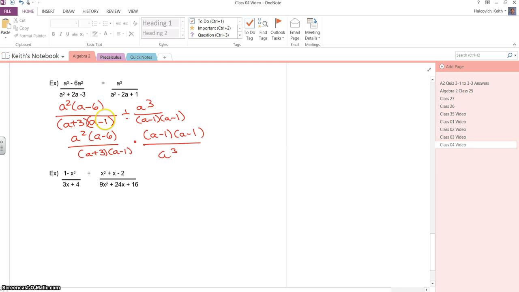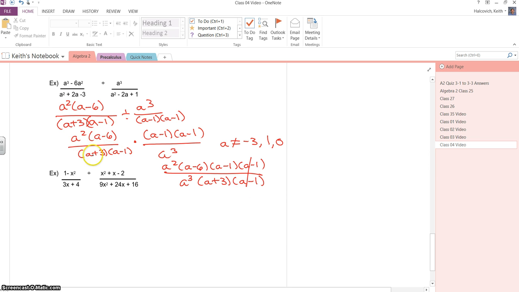And then knowing that the restrictions here are a cannot equal negative 3, 1, and then 0 would make a to the third. So now when you multiply across, you get a squared, a minus 6, a minus 1, and a minus 1. And then the denominator you have a to the third, and then a plus 3, a minus 1.